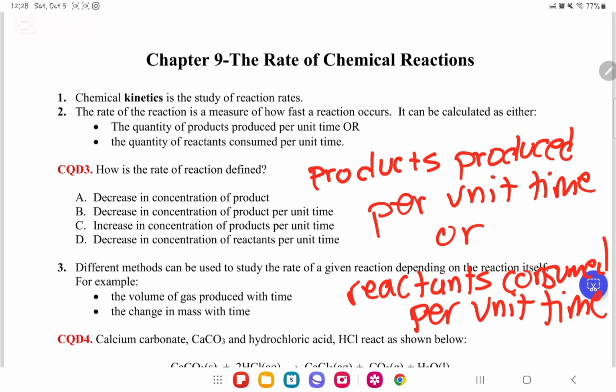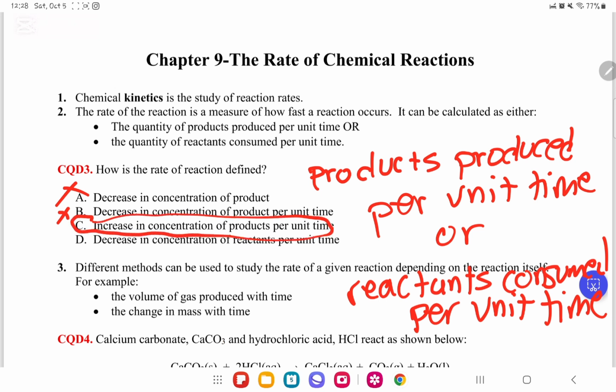For CQD number 3, the options are: A, decrease in concentration of product. No, as we said, the products are being produced, so their concentration is being increased. B, decrease in concentration of products? No, we said an increase. C, increase in concentration of products per unit time. C is correct.